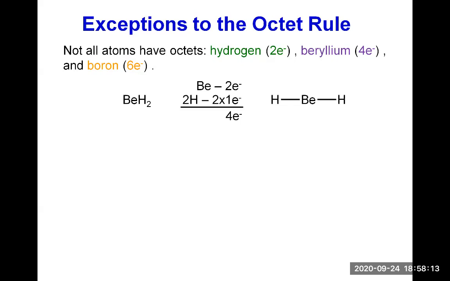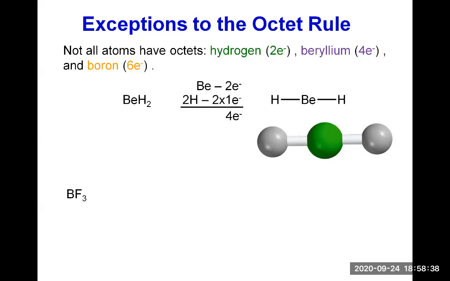And so the structure of BeH2 will look like this. Beryllium is surrounded by the 2 hydrogens, and there is no lone pair on beryllium. And notice how there are only 4 electrons around beryllium, and this is a stable configuration for beryllium. So this is showing you the model of the molecule.